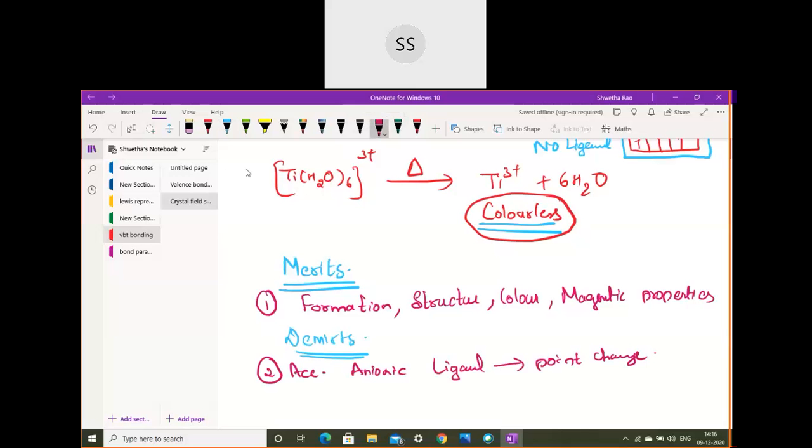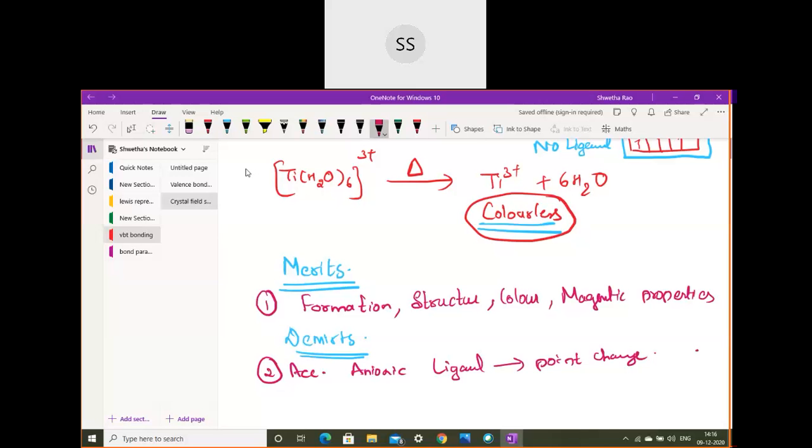When you call them point charges, it means the whole charge is concentrated in one particular region. You can imagine a sharp knife: at that sharp edge, all the force will be acting in that small region. Point charge means the whole concentration of charge is at one single point.